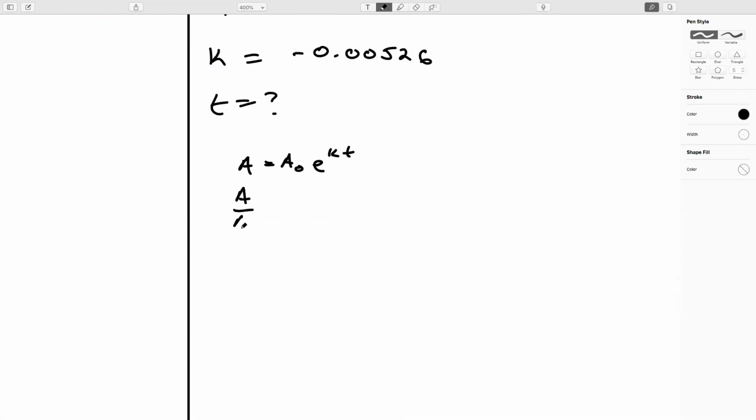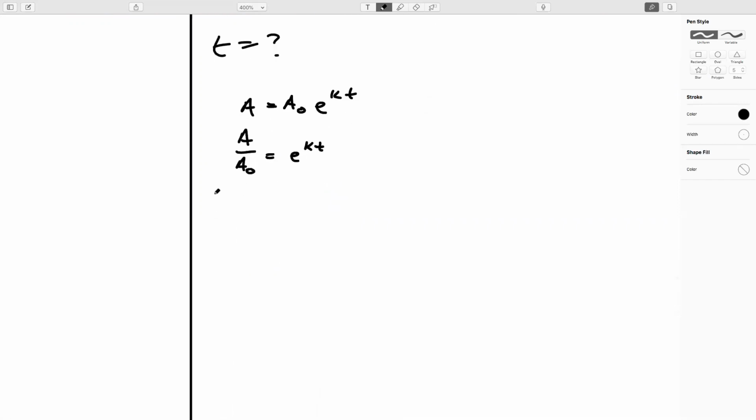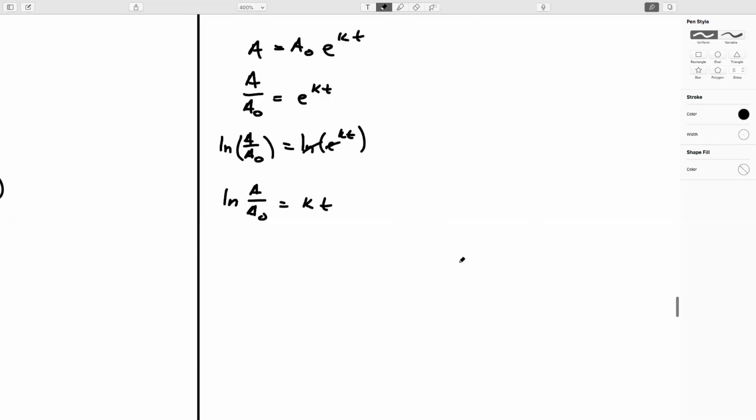A over A naught equals e to the kt. Take the log of both sides. So ln of A over A naught equals ln of e to the kt. We can cancel out e and ln. So ln of A over A naught equals kt. And then lastly, we need to divide by k to solve for t.